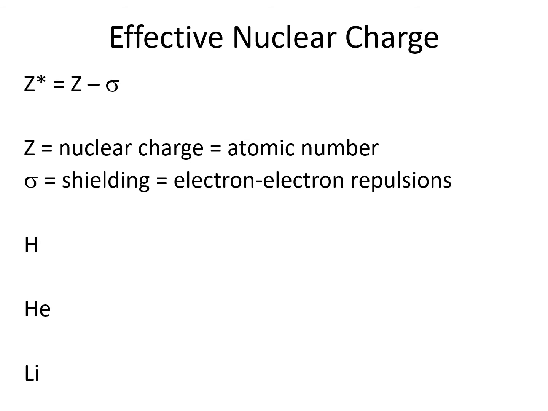Okay? So as we move from left to right across the periodic table, we are adding protons, and when we're talking about neutral atoms, we're also, of course, adding electrons. And so as we move from left to right across a row or period, we are increasing the positive charge in the nucleus.